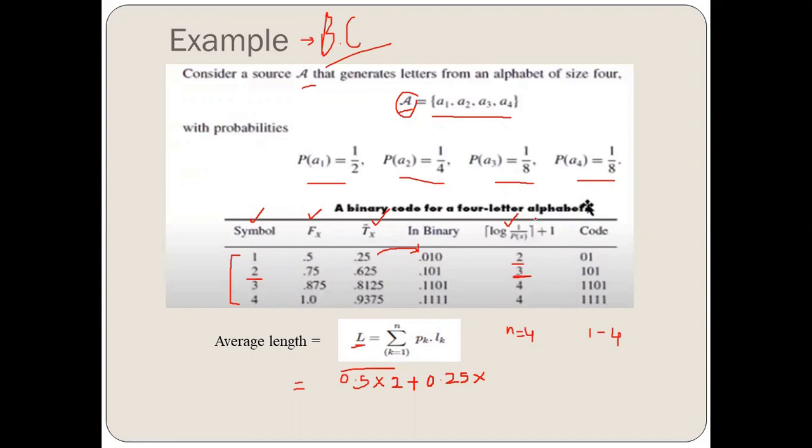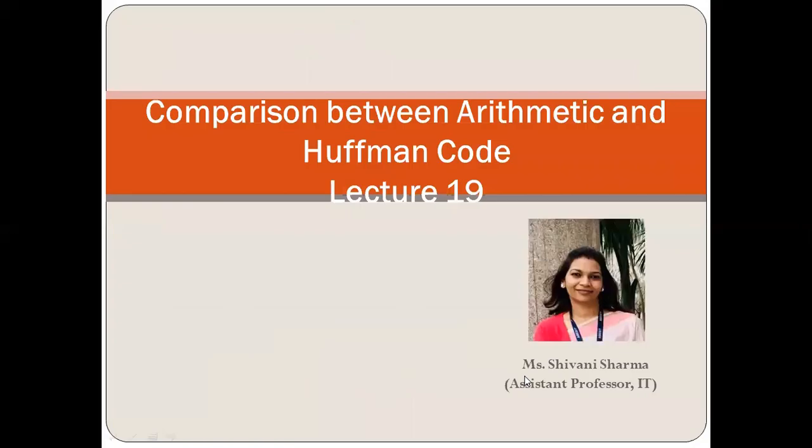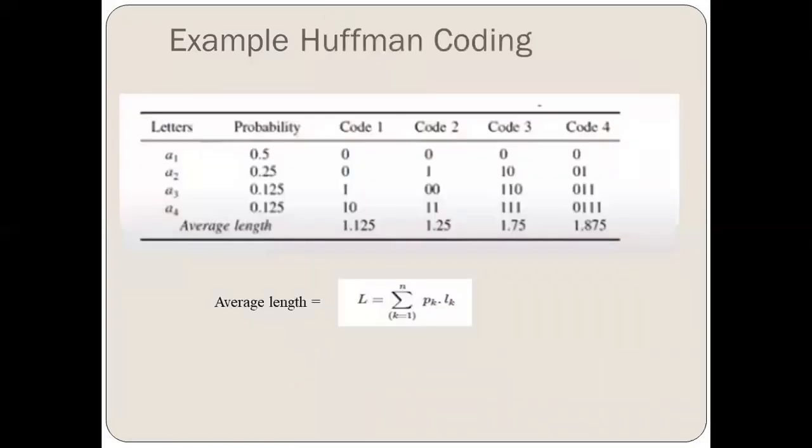So 0.25 multiplied by 3, plus, let's take A3, the third alphabet. For the third alphabet, the probability is 1/8.